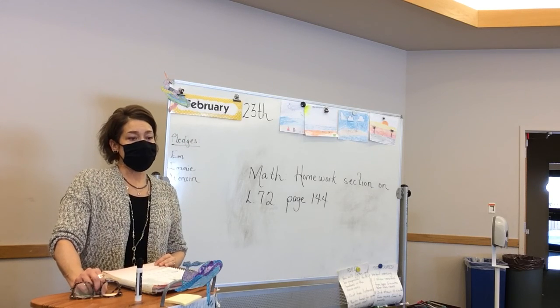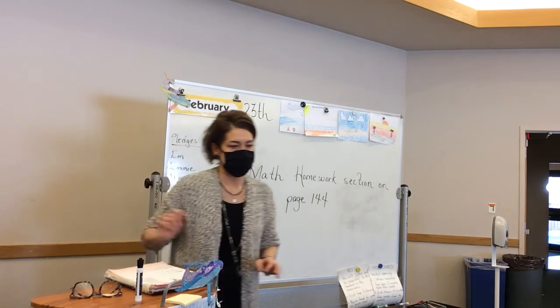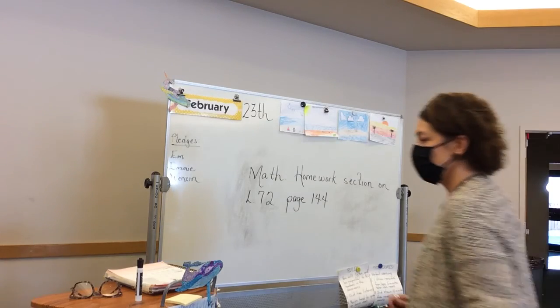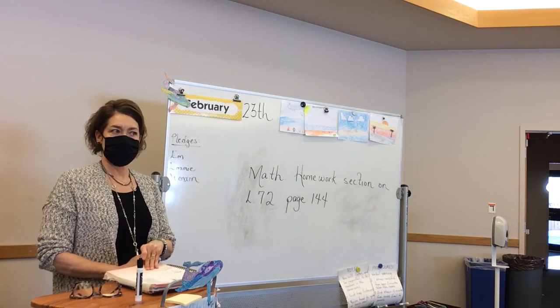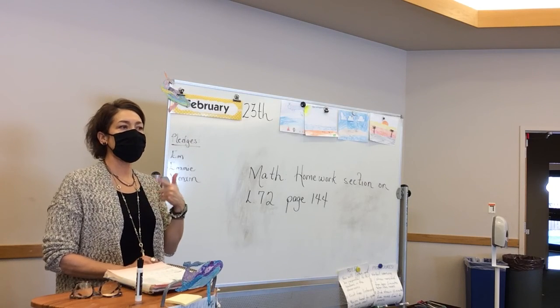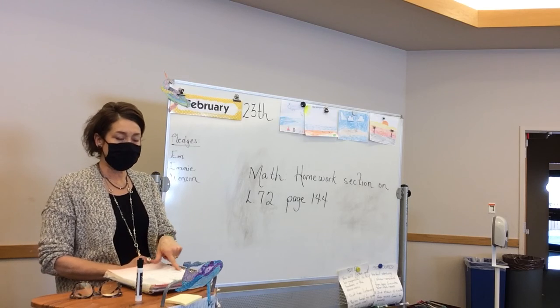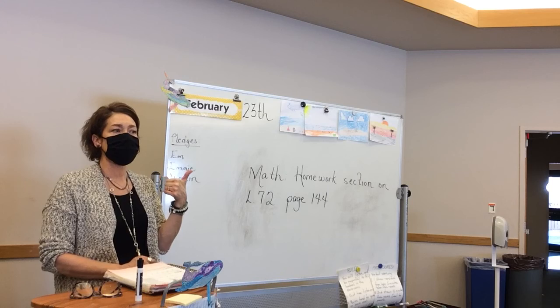We're on the brain booster. And if you have figured it out, then you can start doing the division, but I would like to go over this with everybody. So you can work on the division while we're waiting. Thumbs up now if you're done with the brain booster.